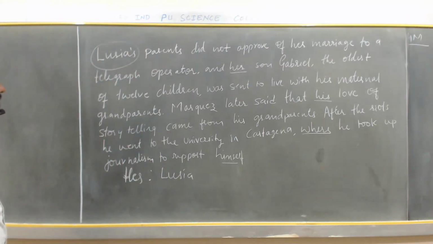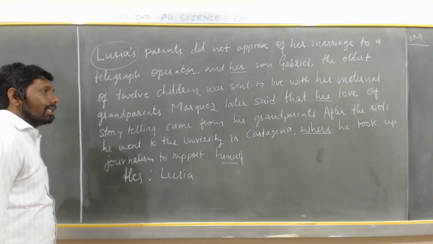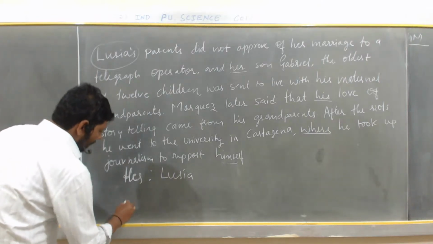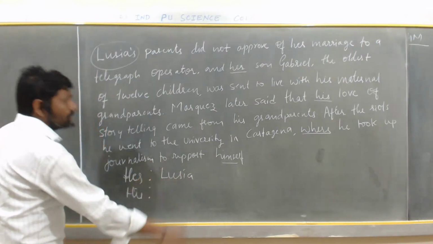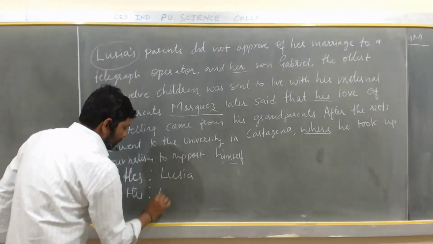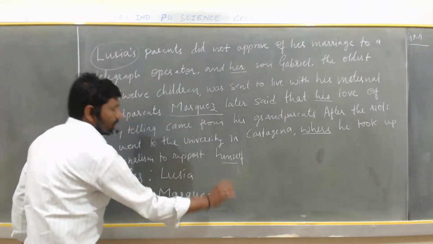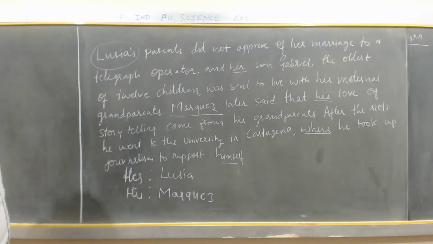Son Gabriel, the oldest of 12 children, was sent to live with his maternal grandparents. Marcus later said that his love of storytelling came from his grandparents. His here refers to Marcus.